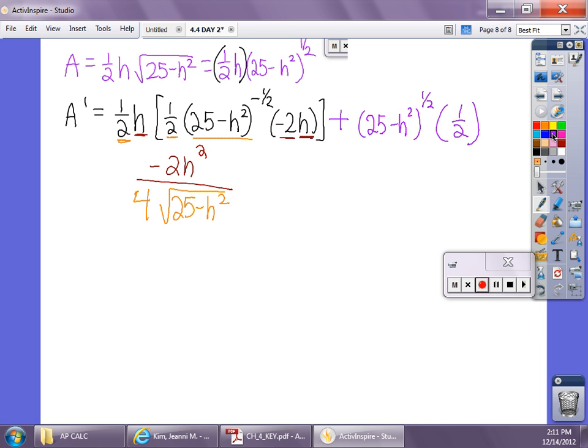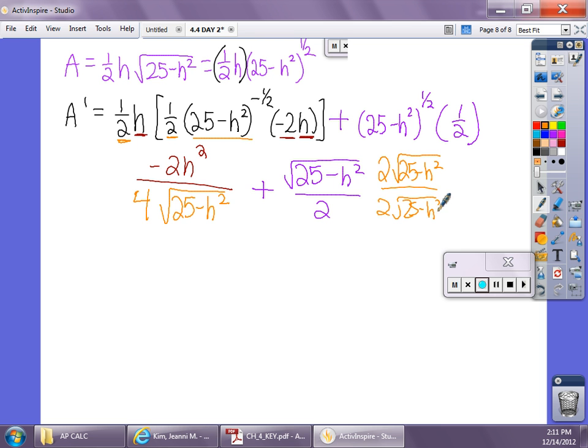In the purple term, everything here stays in the numerator, the 2 is in the denominator. So you should be able to see that we are going to multiply this side by 2 root 25 minus h squared over 2 root 25 minus h squared.